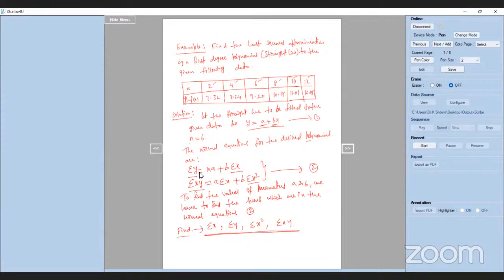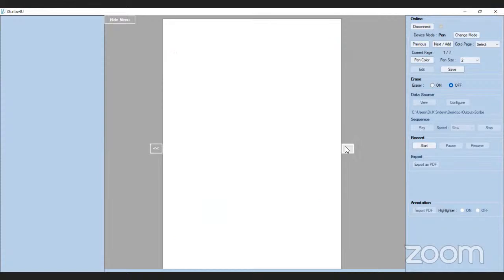How can we find these values? So we are going to use the table for finding these values. According to the table, take x values. These are given tabular values. According to the given data, take x values as 2, 4, 6, 8, 10, 12.